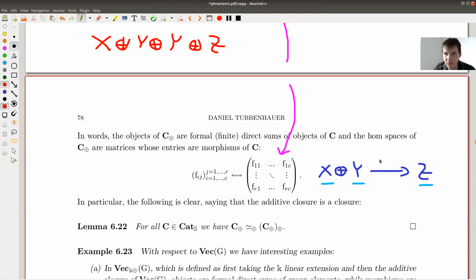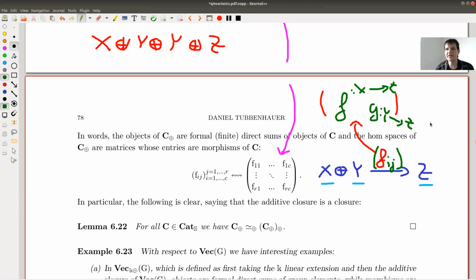Then a morphism in my new category would be, in this case, a 2x1 matrix, often written (F, G) of an old morphism and another old morphism, where F goes from X to Z and G goes from Y to Z. It's a matrix of morphisms.